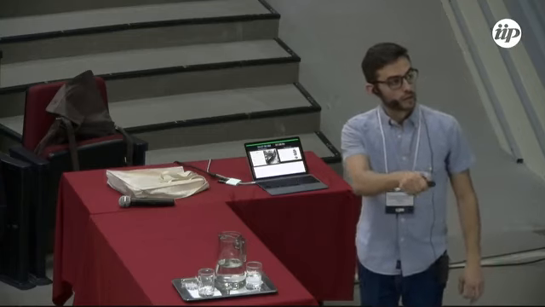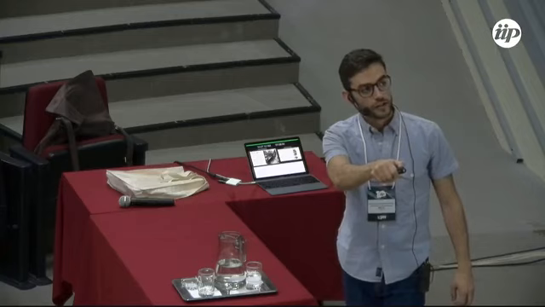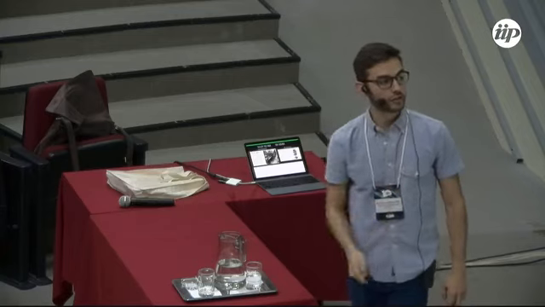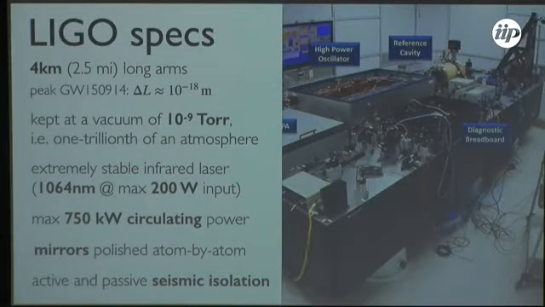Then it bounces around here and goes into the interferometer right here. This is the input port. It's fed into the system in there. Once it's inside, it's kept circulating so that there are 750 kilowatts of circulating power, even though we start with 200 watts, at design operation parameters.